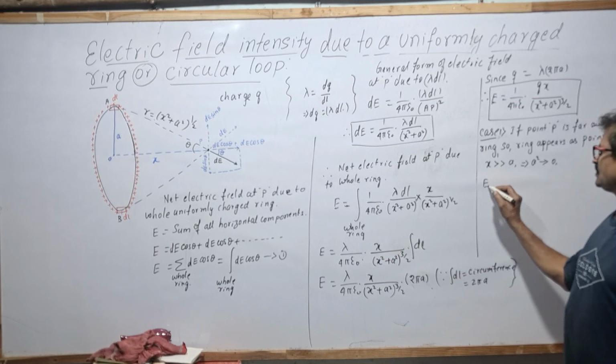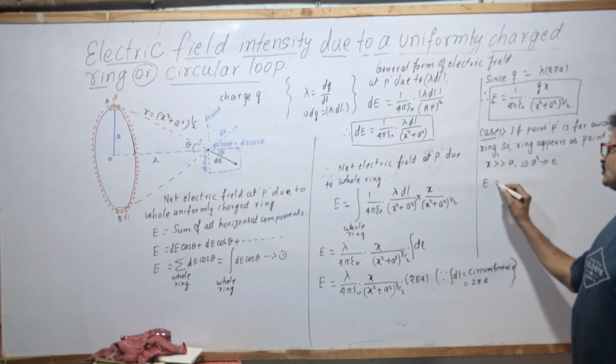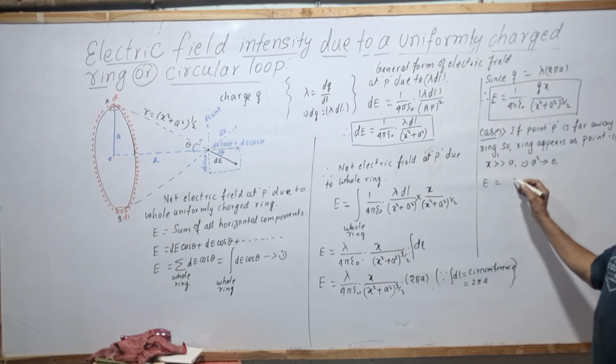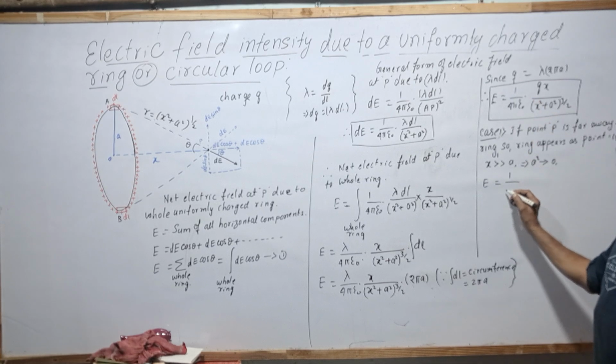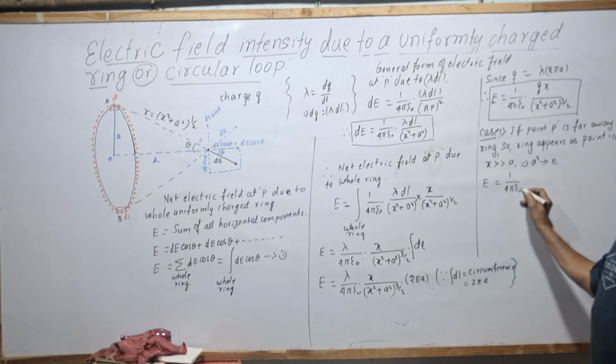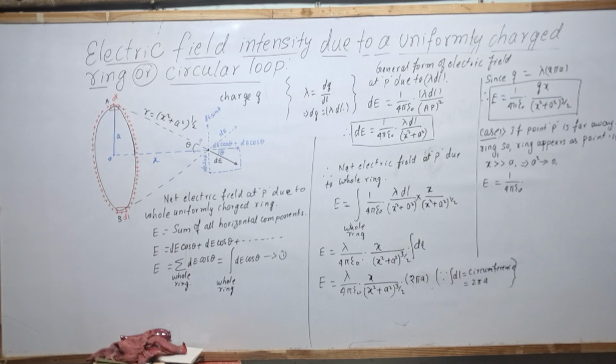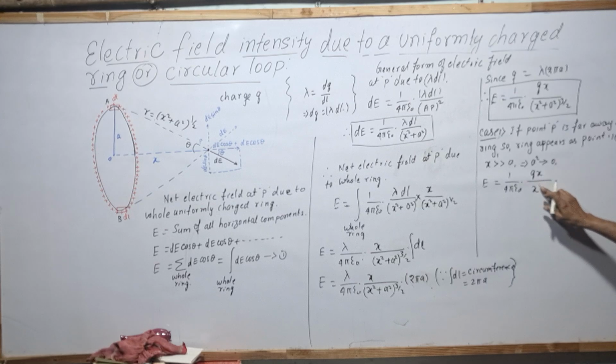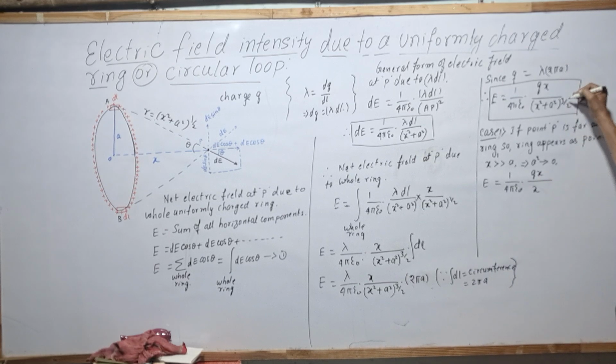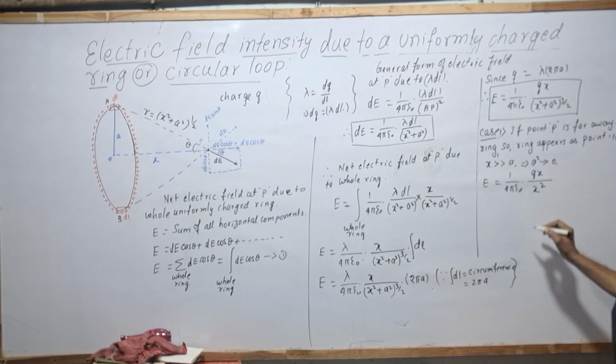Therefore the electric field equals 1 by 4 pi epsilon naught, and in place of a you write 0. So qx divided by x to the power 3 becomes, after cancelling, q by x square.